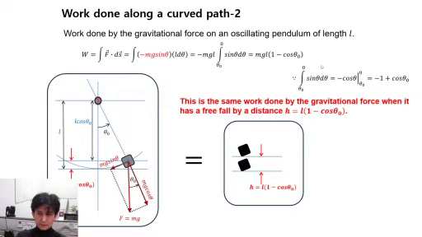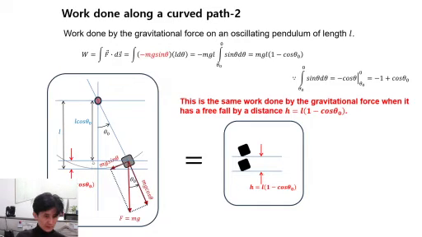And if you take a look at this result, L times 1 minus cosine theta 0, from this diagram, the length of this pendulum is L, and when there is an angle theta 0, then the vertical distance of this pendulum becomes L times cosine theta 0, by the definition of cosine theta. L times cosine theta 0 is the length from the pivot point to the position of this object.